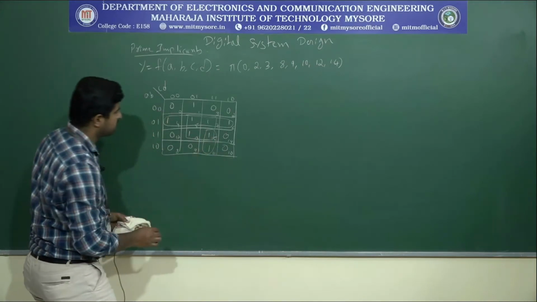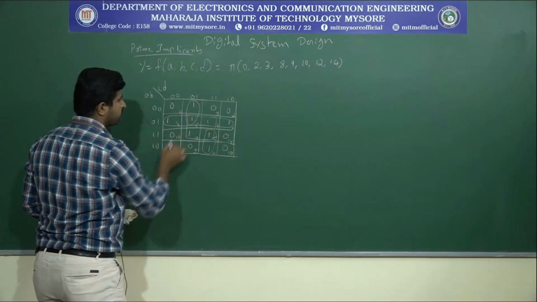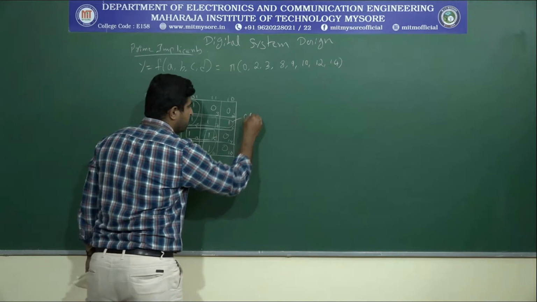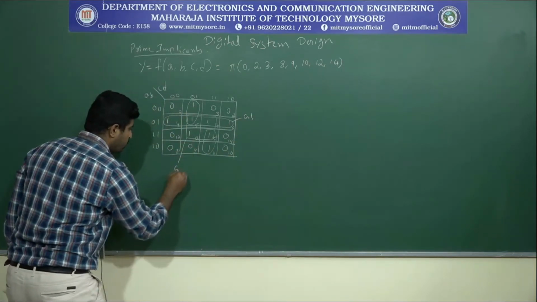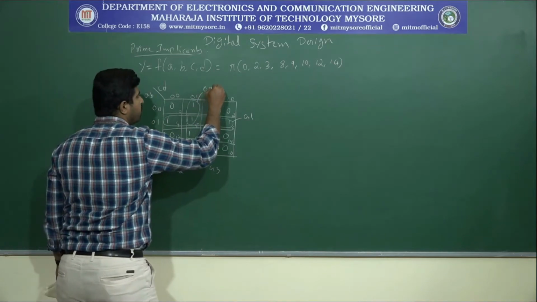Then one more here, 1 and 5 can be grouped. So we have 4 groups. I will call them group 1, group 2, group 3 and group 4.